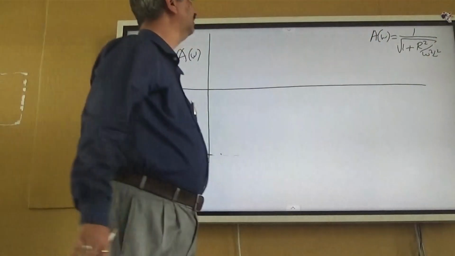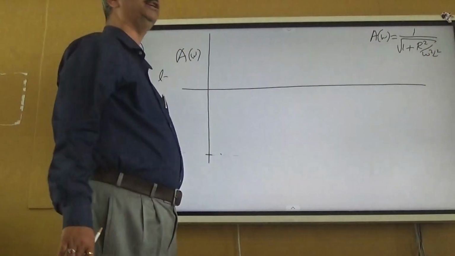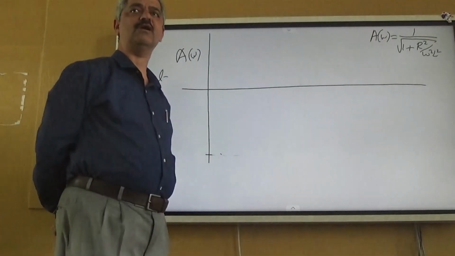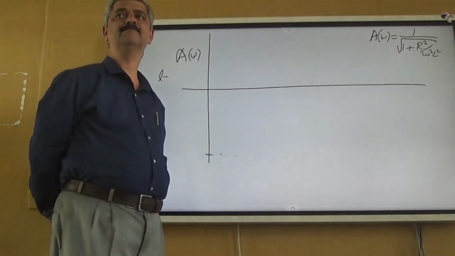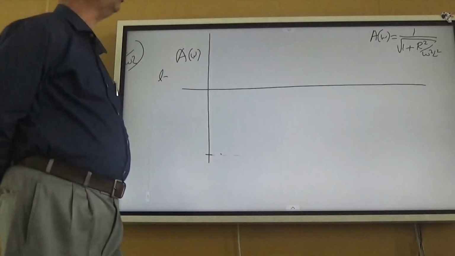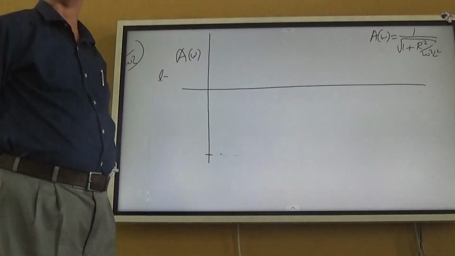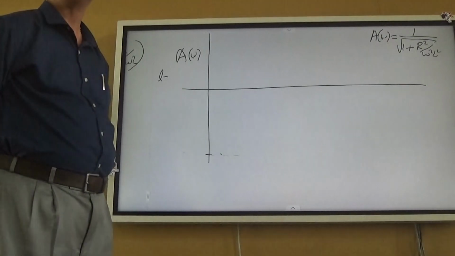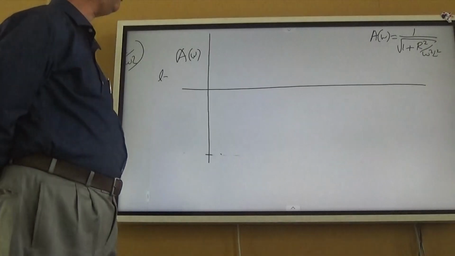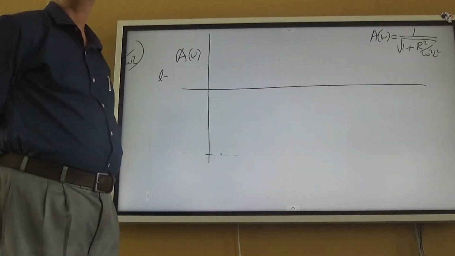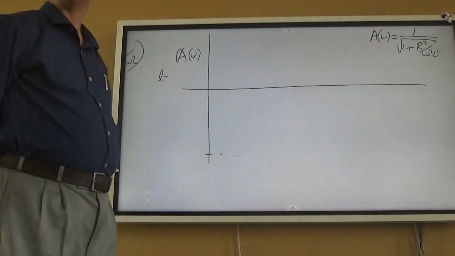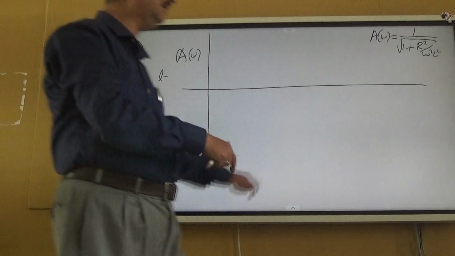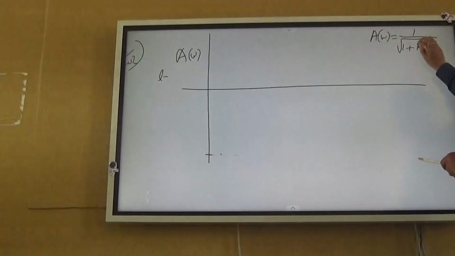It's very simple. What will happen at omega equal to 0? At omega equal to 0, the denominator will become infinite, right? So A omega will become 0, and at omega equal to infinity, the denominator will become 1, right? At omega equal to infinity, this term will become 0, so this will be 1.